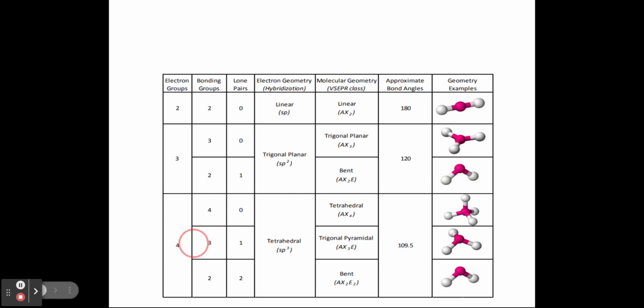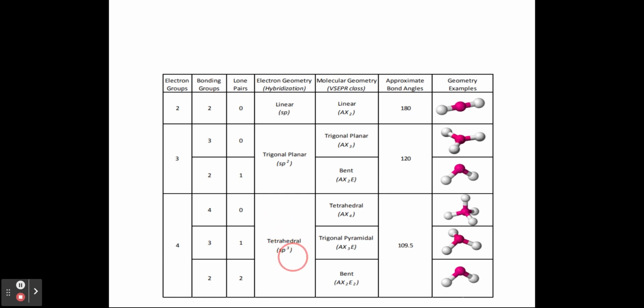Same thing with electron group 4. Again, electron groups is the same as steric number. It's the total number of bonding and non-bonding groups, or electron pairs. So here you have 4 bonding groups, no lone pairs. And so again, if you've got 4 groups, you're going to need orbitals so that those electron groups can be put into those orbitals.